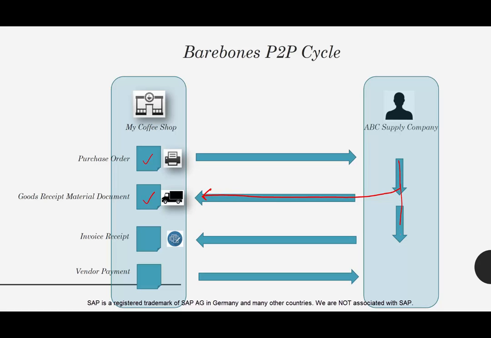And after a certain amount of time, the vendor also sends us an invoice, and we document it as an invoice receipt in the system. And finally, when we are ready to pay the vendor, we issue payment to the vendor. These four transactions constitute the bare bones P2P cycle, or procure to pay, P2P.